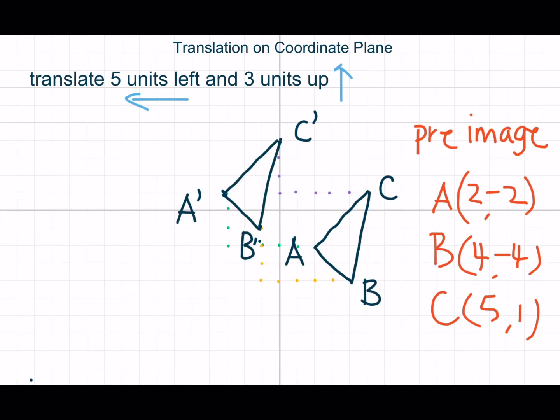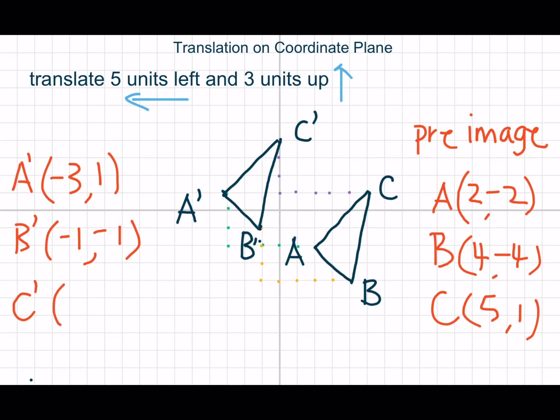And just to keep track of everything, we're going to label our new coordinates. A prime is now at the point -3, 1. B prime is now at -1, -1.